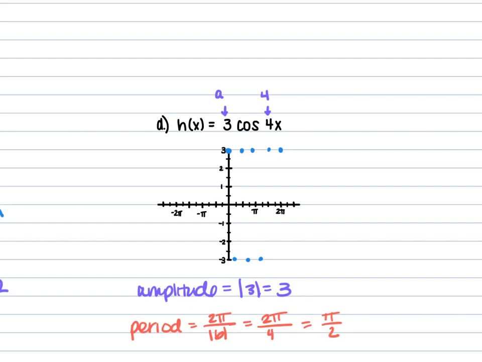And then you're going to do the same thing in the opposite direction. So half, full, half, full. And then you're going to do the bottom points as well, so the negative 3 points.